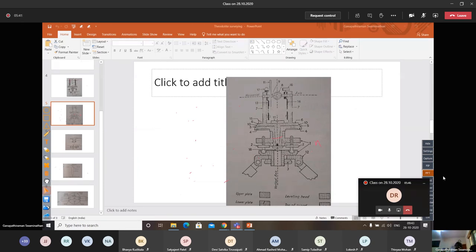Okay, it's very simple. The other day we were talking about the use of the theodolite. The theodolite is used for measuring horizontal angle as well as vertical angle.